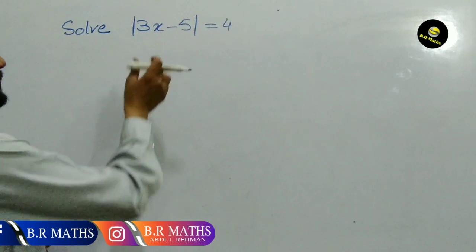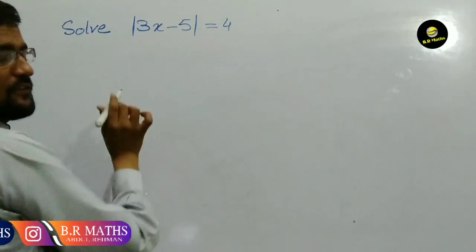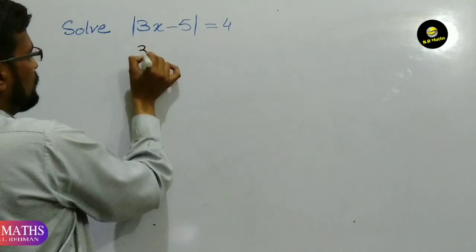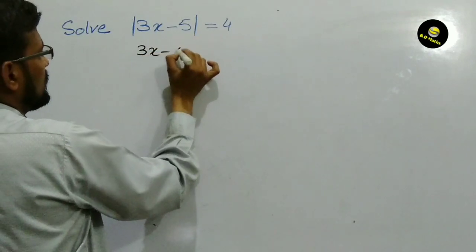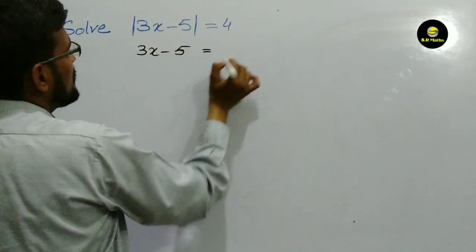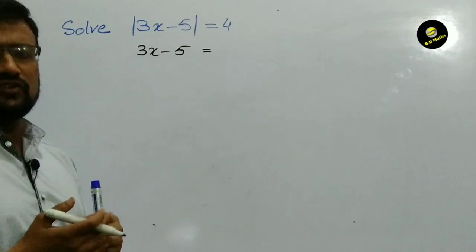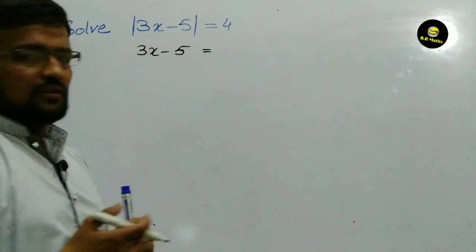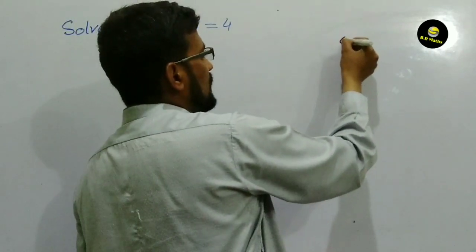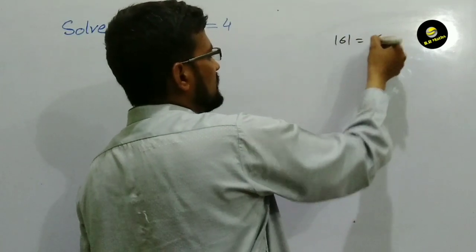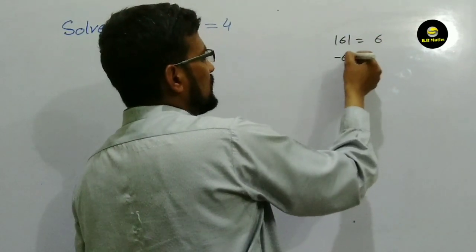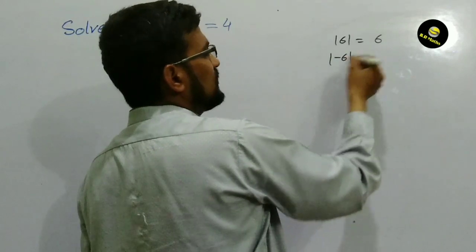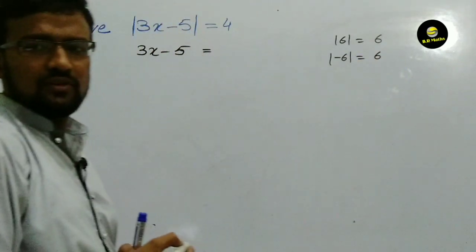So check this: |3x - 5|. This is an absolute value, and absolute means always positive. If the absolute value of 6 is 6, and the absolute value of minus 6 is also equal to 6.